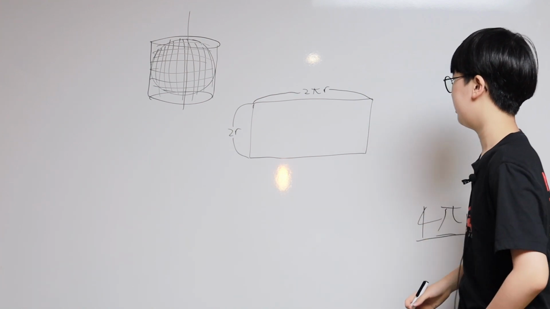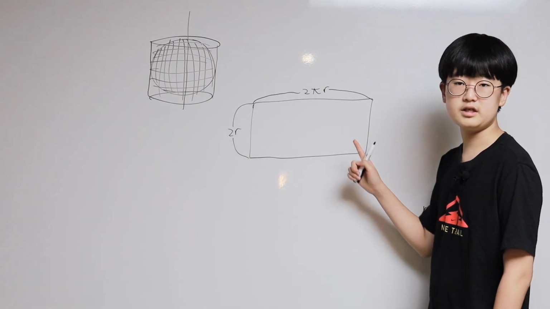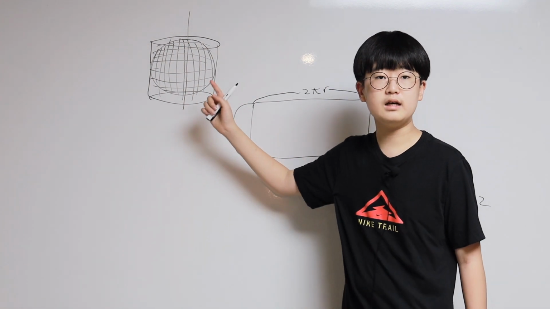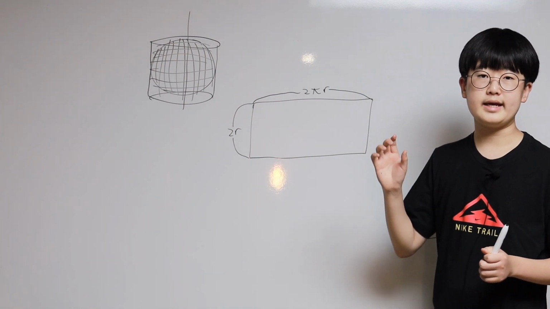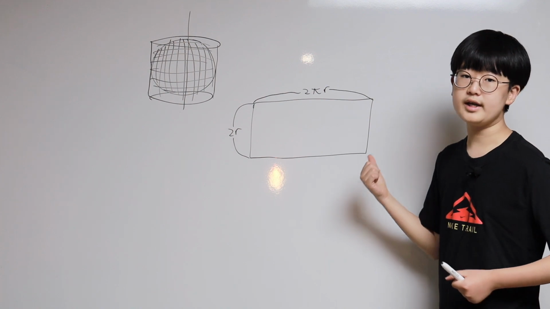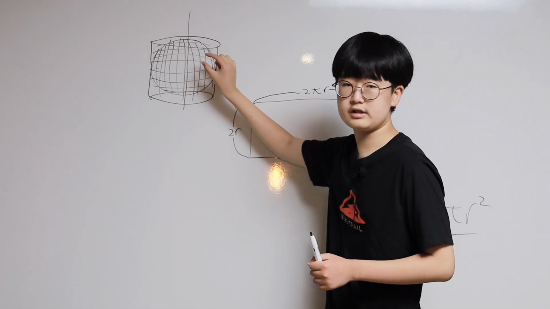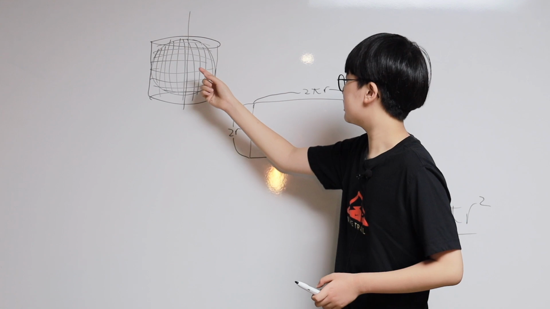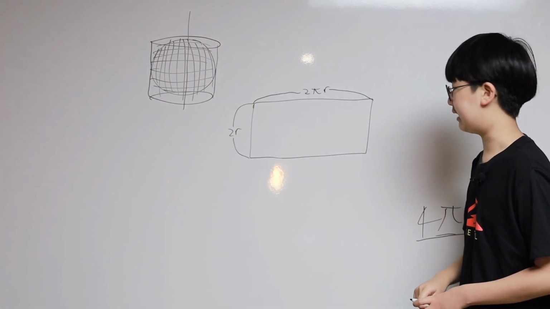So the area of this rectangle should be the surface area of the sphere. But keep in mind, we can only get this right if the size of the square is perfectly the same when you move it to the cylinder, the label.